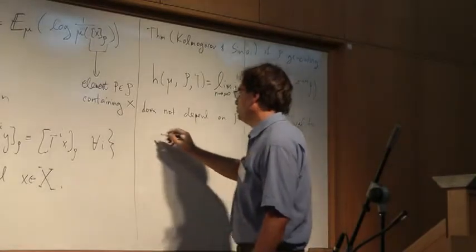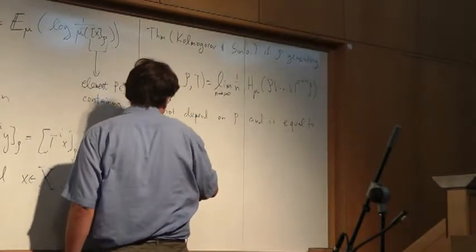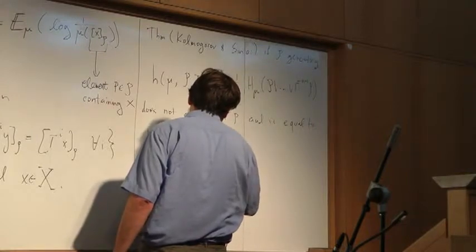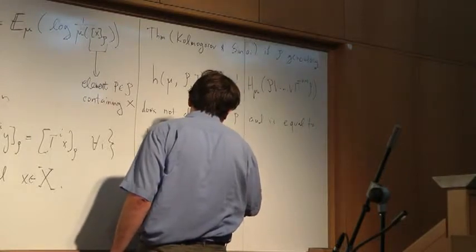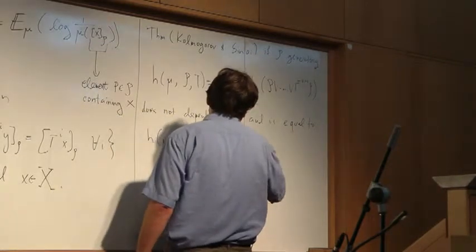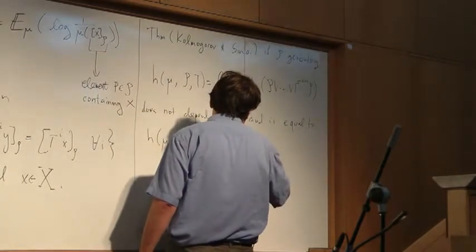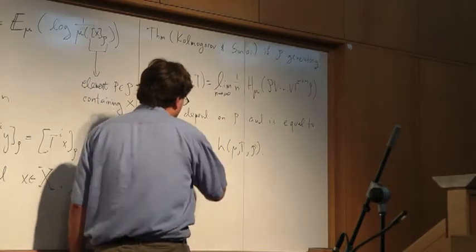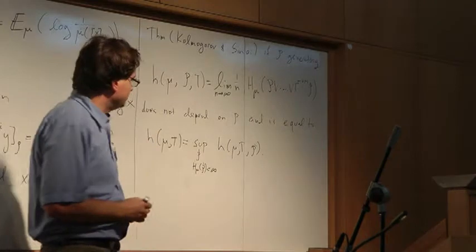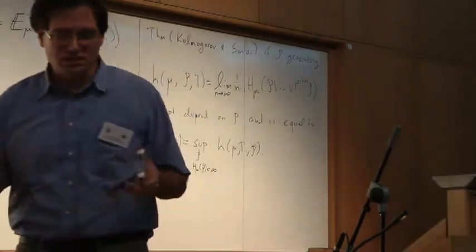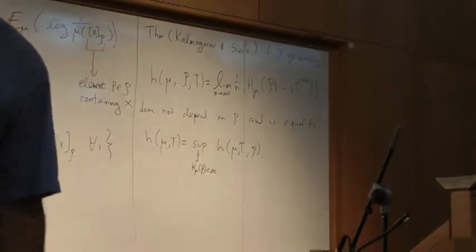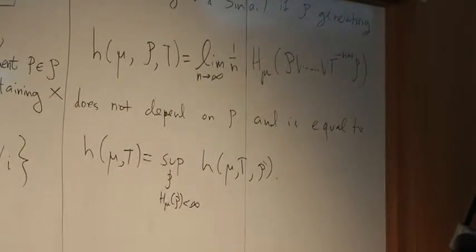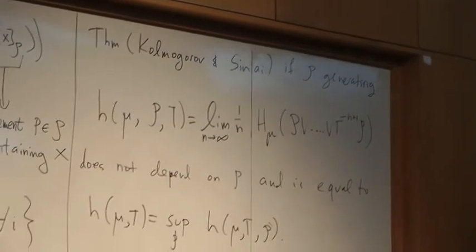And it's equal to the entropy of mu, T, which by definition is the supremum over all countable partitions P with finite entropy of this quantity. So maybe I should put a prime here to make clear that it's different. Okay, this is one of the most basic theorems in entropy theory. Before you have this theorem, you basically cannot calculate the entropy of anything.